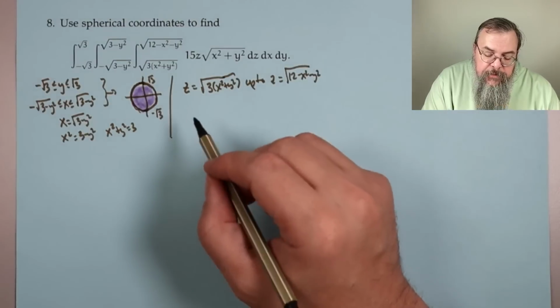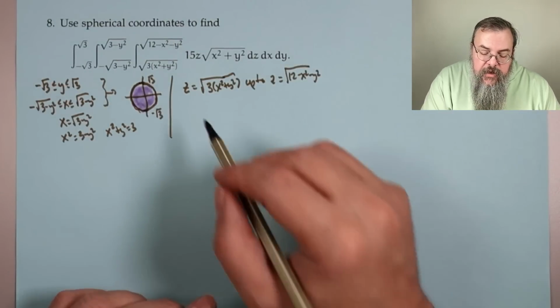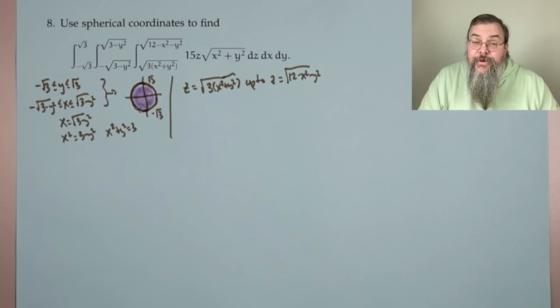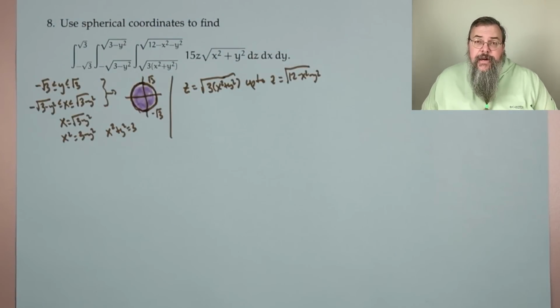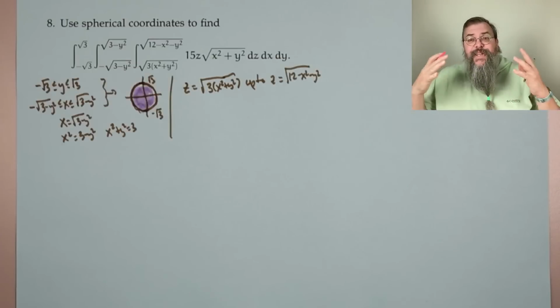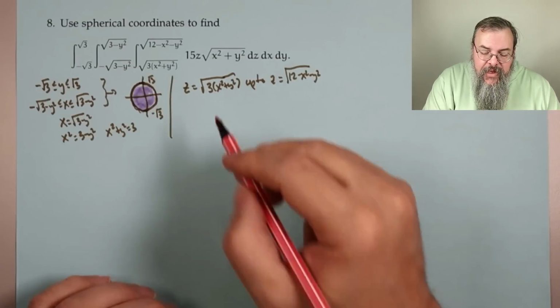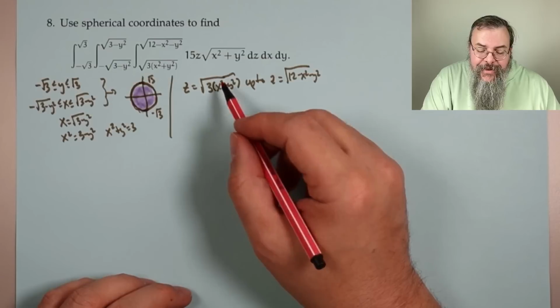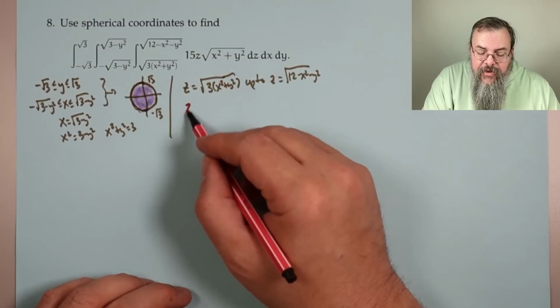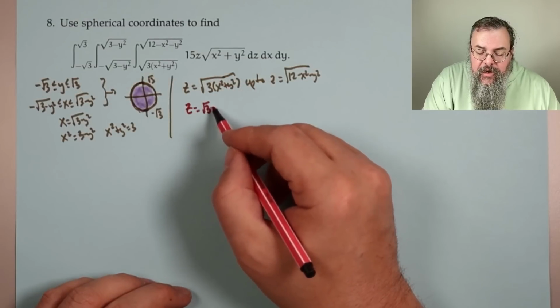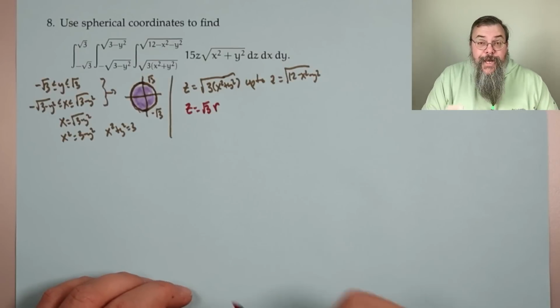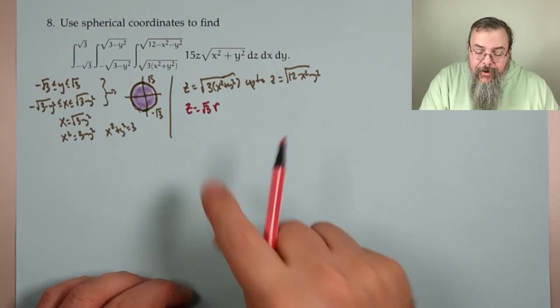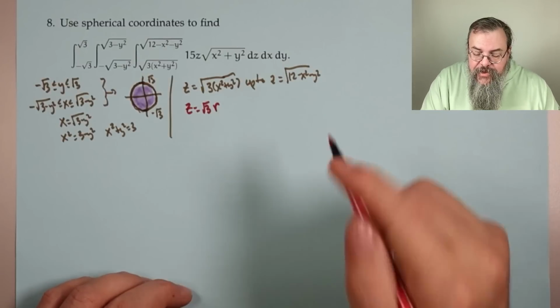Now, if we're channeling our cylindrical coordinates for a second, and I know you're thinking, you're not supposed to channel cylindrical, you're supposed to channel spherical, but they're closer than you might think. You say, hey, x squared plus y squared, that's r squared. Square root of r squared is r, so this is z equals root 3r. Oh. Now, I'm going to come back to that when we sketch.